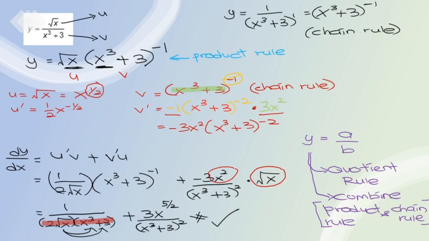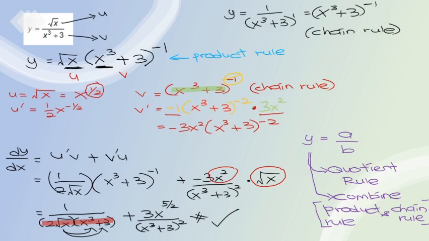So U equals to square root X equals to X power of half. U prime equals to half X negative half. Okay, negative half when half minus 1. Okay, then V equals to X cube plus 3 negative 1.